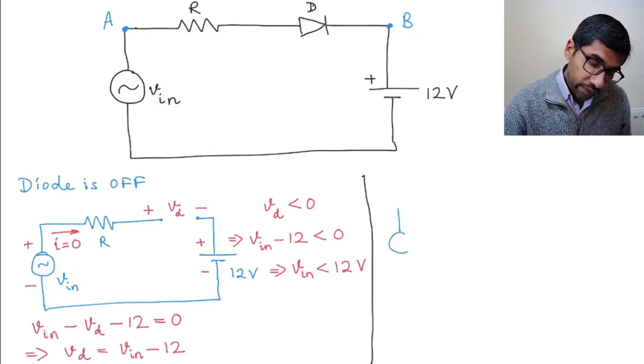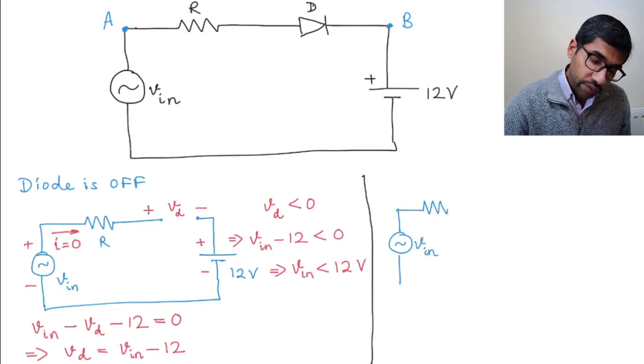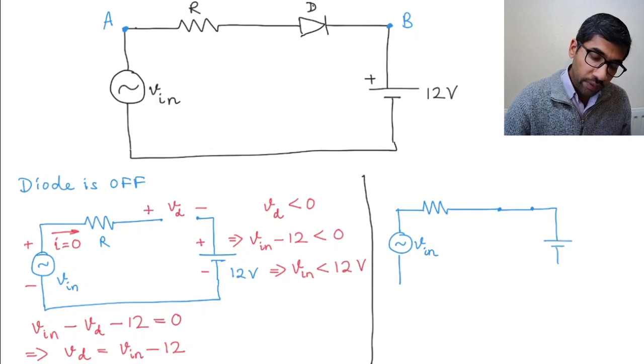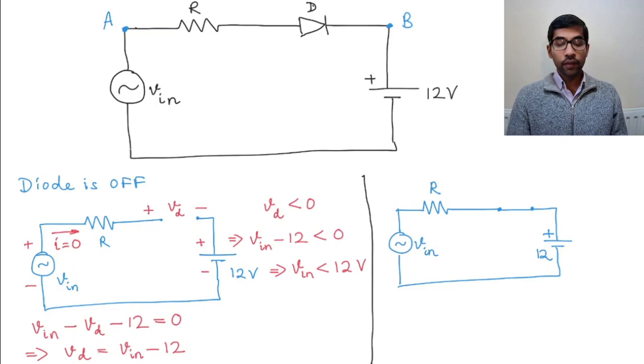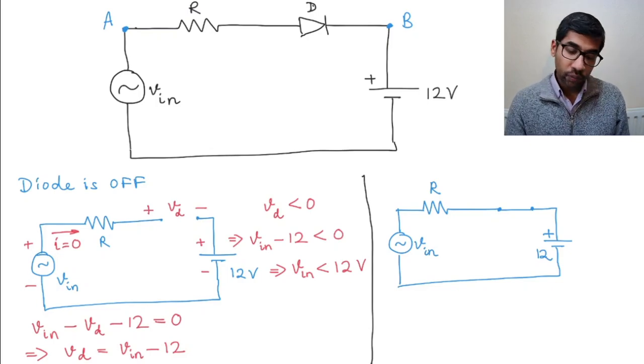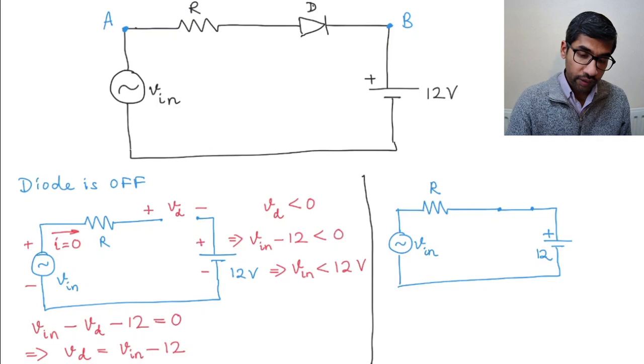So in this case we have this is Vin, and you have this resistance here, you have the diode, and the diode is replaced by a short circuit, and then you have your 12 volts here, and that's R, right? And in this case now we can find out the current. So let's try to find out the current.